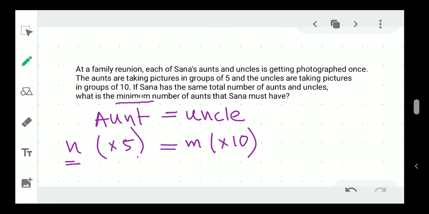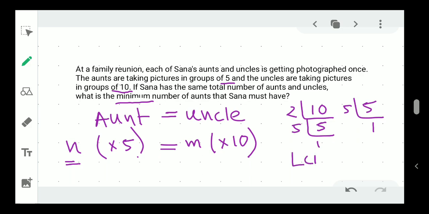So I take the LCM of 10 and 5, because groups of 10 and groups of 5 are given to me. 10 is 2 into 5, and 5 is 5 into 1. So the LCM will be 5 into 2, that is 10. So there are 10 uncles and 10 aunts, because it is told that the number of aunts and the number of uncles are the same.